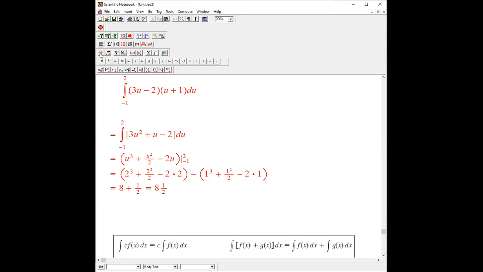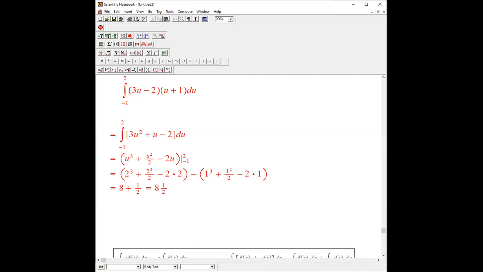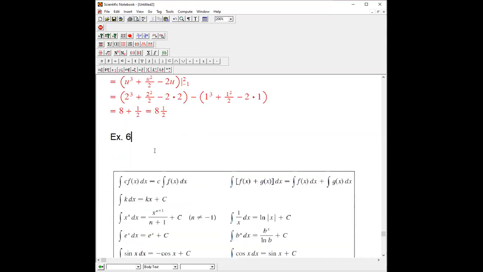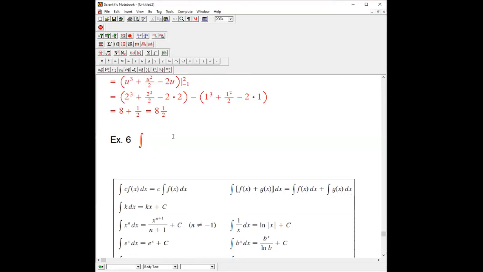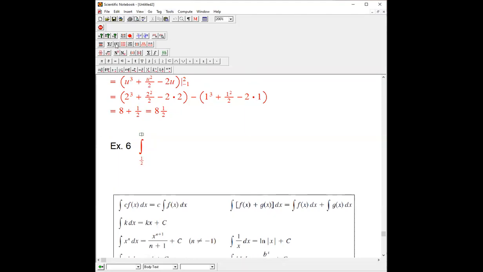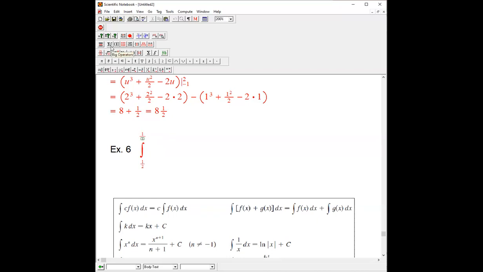Okay. Let me do one more though. There's one that uses the antiderivative of arc sine. So this will be the last one. Example number 6. The integration of, it's a definite integral again, from 1/2 all the way to 1/√2.